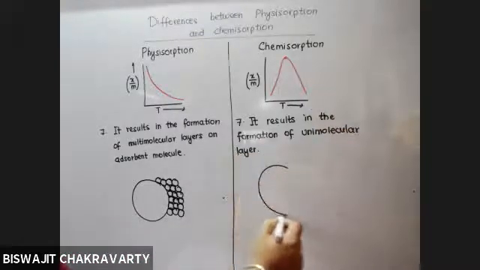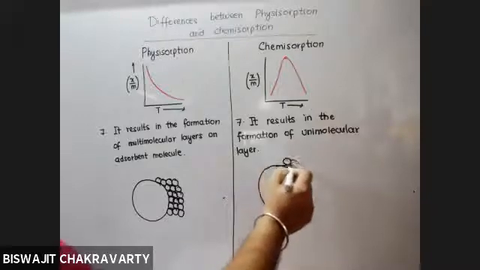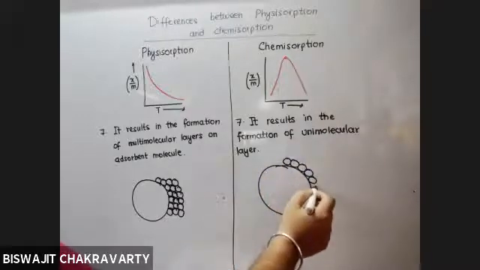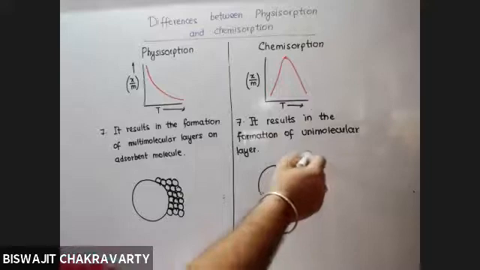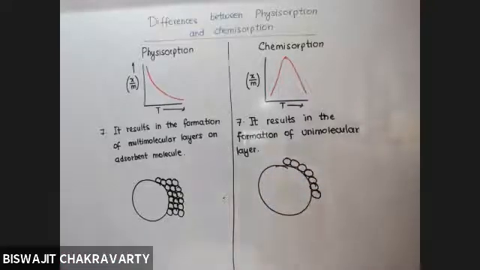Because the chemical bonds are highly specific. And if they are highly specific, chemical bond never will take place between same type of molecules. You cannot expect another layer to come and sit on the first layer, because similar type of substances never chemically react with each other. And therefore, you can expect only one layer of molecule on the adsorbent. You cannot expect multimolecular layer.